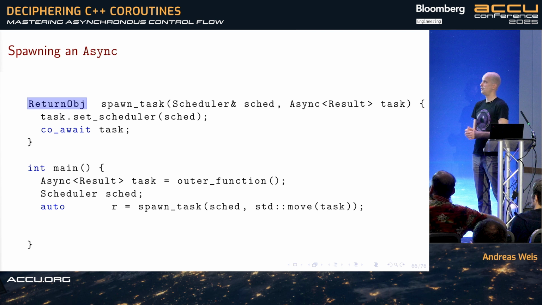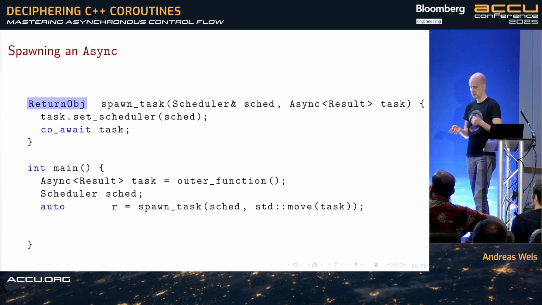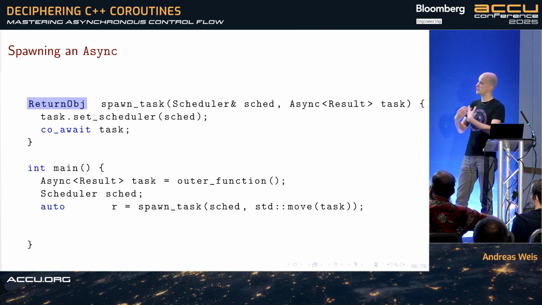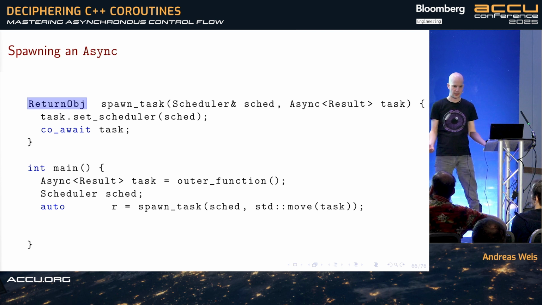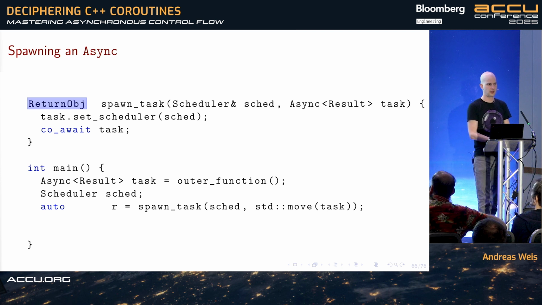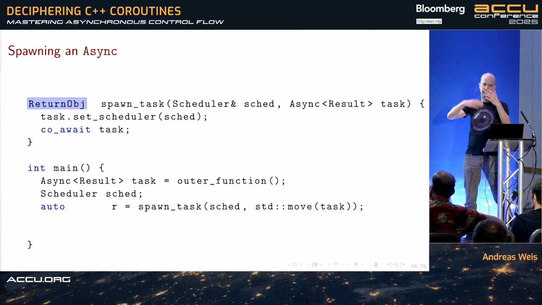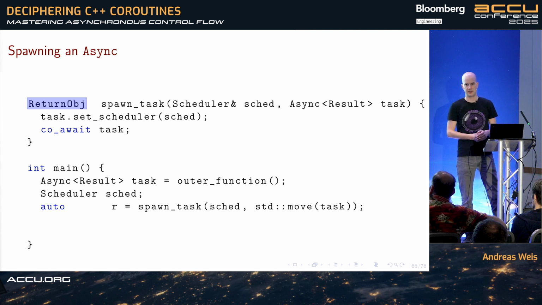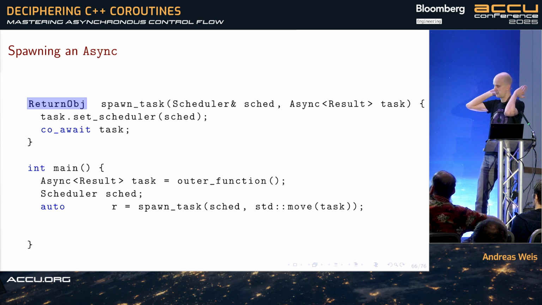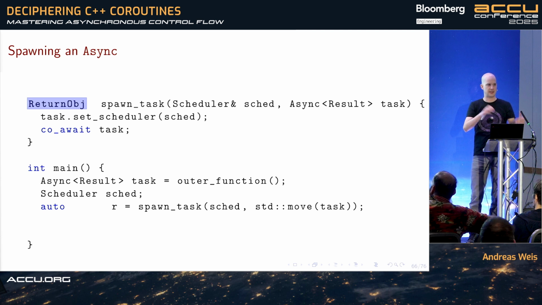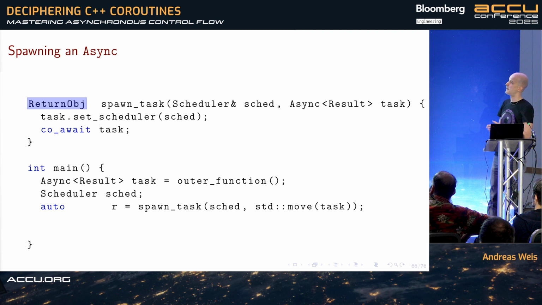So what does spawn task need to do? There's two things that the async object expects. It wants the execution context to be set up, and in our case, that was just a pointer to a scheduler. So we just set the scheduler somehow. I used the member function here. You might want to do something more elegant in your code. Doesn't matter, we just want to get that data in there. We saw in the first part how you can get data into a coroutine. There are patterns for that, so that takes care of that.